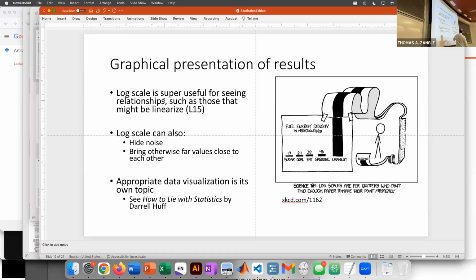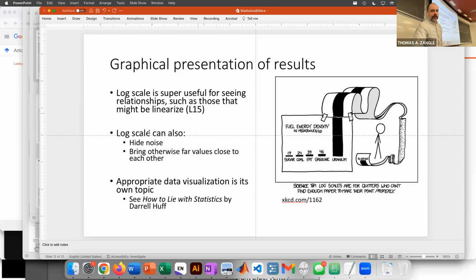It can also be useful if you have something like this, fuel energy density in megajoules per kilogram of sugar, coal, fat, gasoline, and uranium. Those results obviously wouldn't fit all in a meaningful way on a linear scale plot. So a log scale plot might be useful when you have that kind of large range in your data.